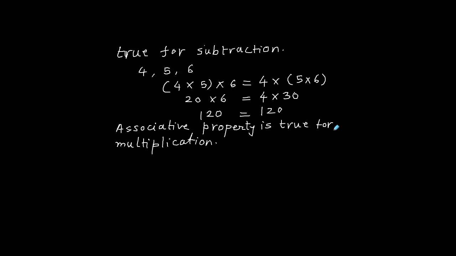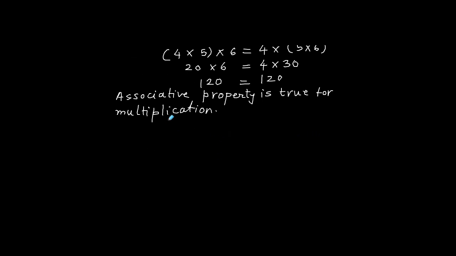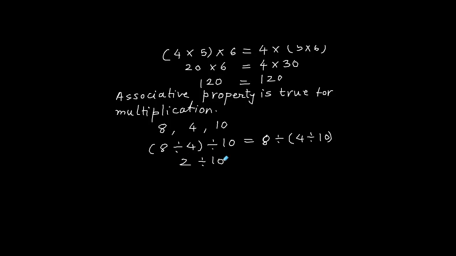Now let me check it for division. If I had given you the numbers as 8, 4 and 10. So (8 divided by 4) divided by 10, and on other side it will be 8 divided by (4 divided by 10). 8 divided by 4 is 2, divided by 10. This gives you 0.2.